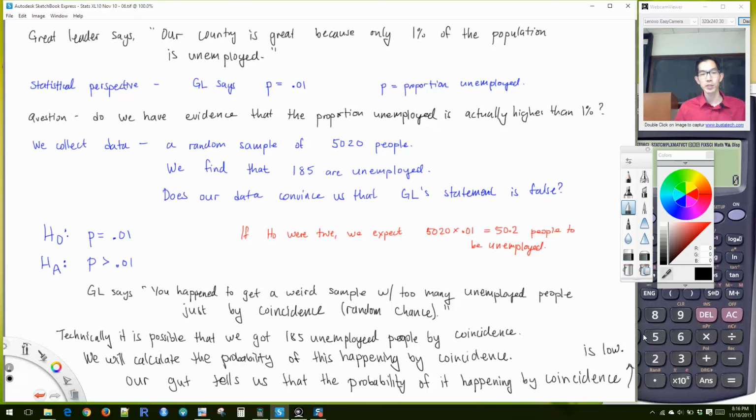So we're saying you just happen to get a weird sample by coincidence. That's what Great Leader says. And we're going to say, okay, well, technically it is possible to get this weird sample by coincidence. We'll do the calculations and we'll find out what is the probability of getting this sample if what Great Leader is saying is actually true.